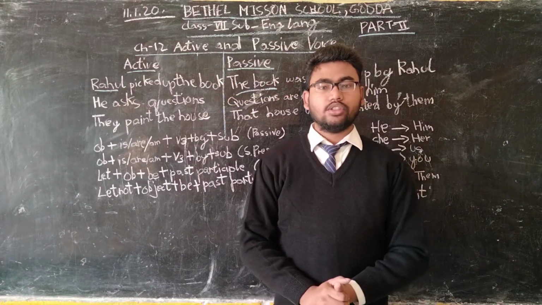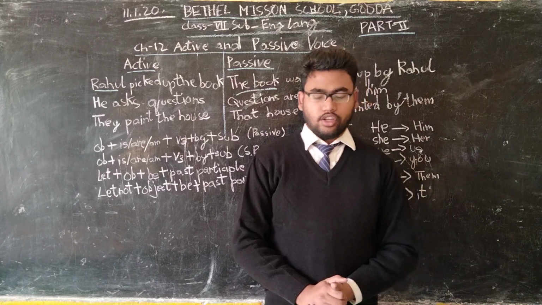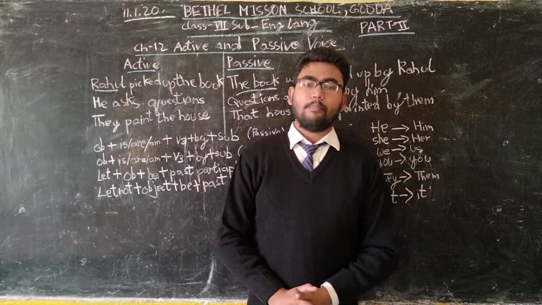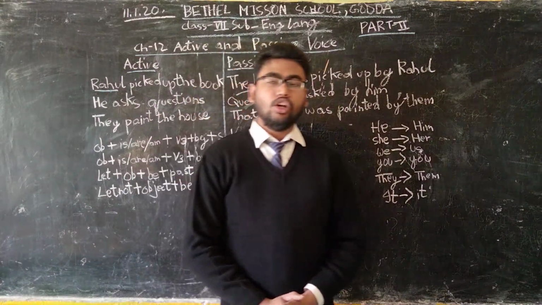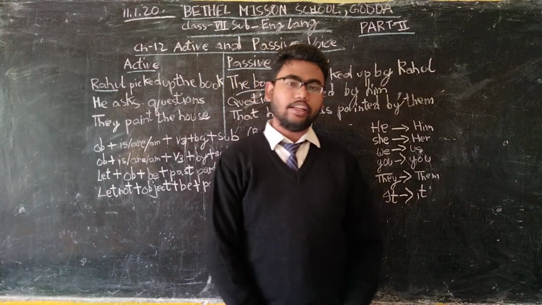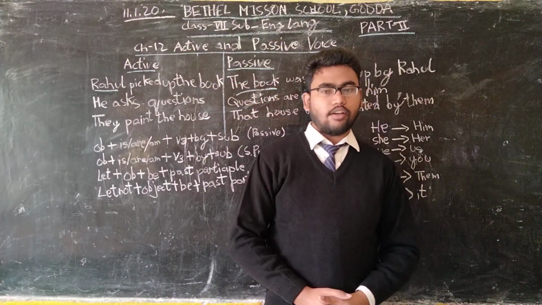Today I am going to teach class 7 English grammar chapter 12, active and passive voice part 2. In the previous part we learned what active and passive voice are, and we also learned some formulas.